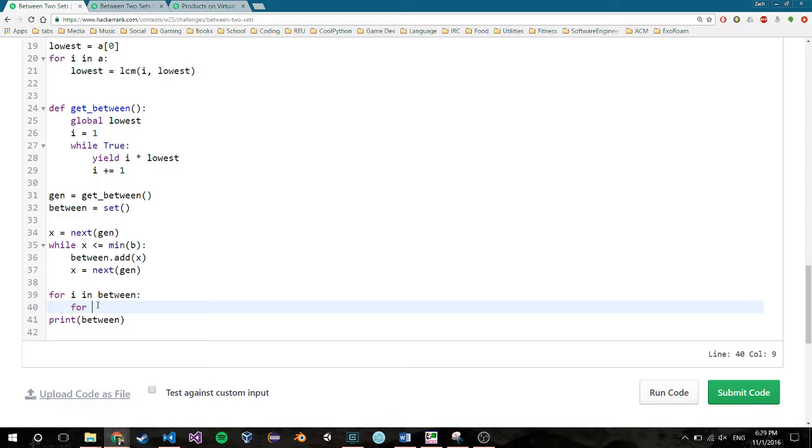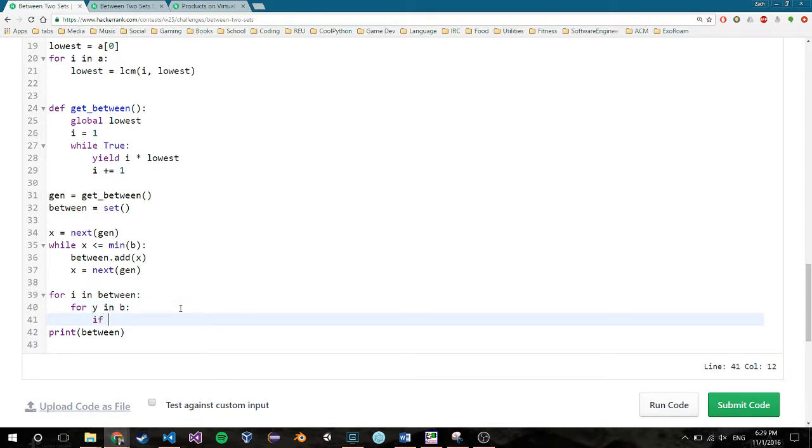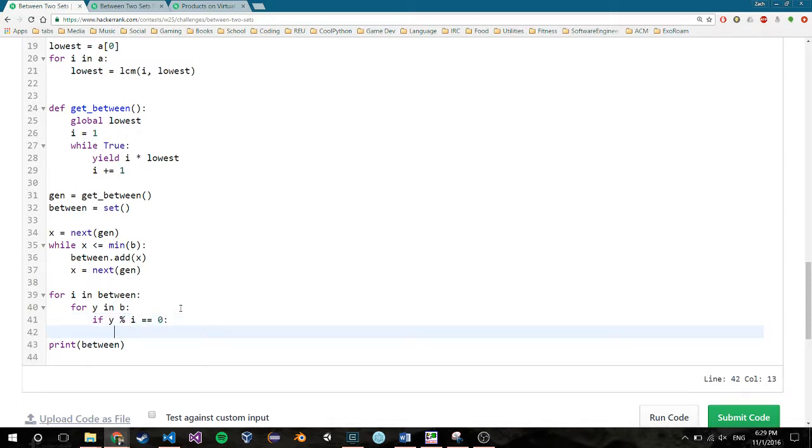This is awful, I know. The solution? Yeah, it is. And these great variable names too. So if it's a multiple of that, then keep it.